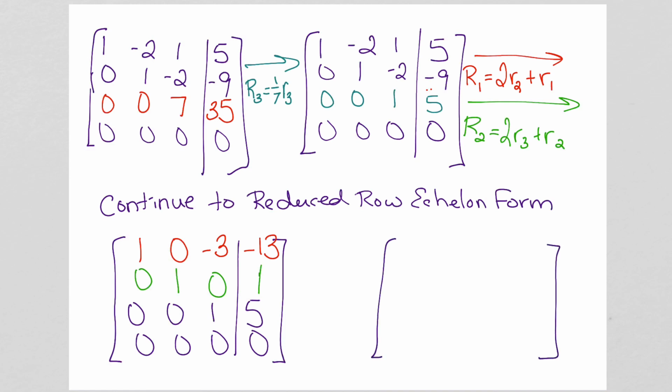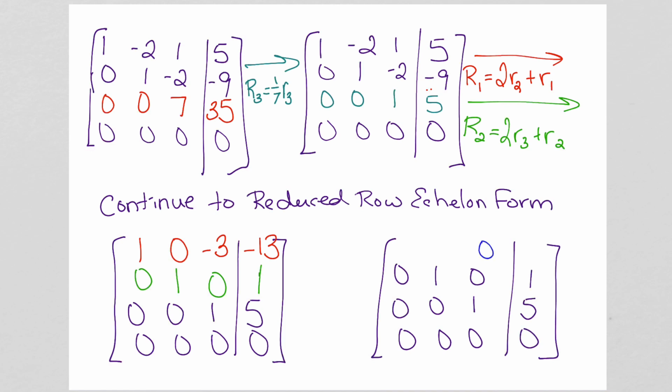I'm going to go ahead and bring over the other rows. And we need a 0 in this spot. So what can we multiply by 3 to get a 0 there? Well, we can multiply the third row to get a 0 up here, right?